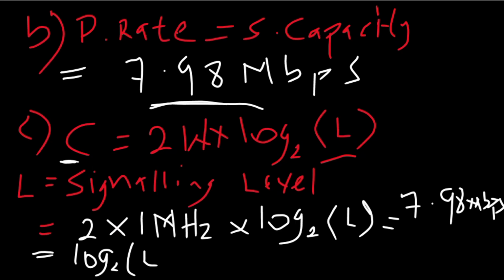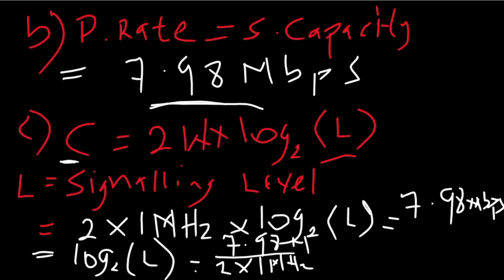So it becomes 7.98 divided by 2 times 1 megahertz. As I said, the mega cancels out. So simply we have something like 7.98 over 2. So we are finding half of 7.98, which is supposed to give us, let me punch this.